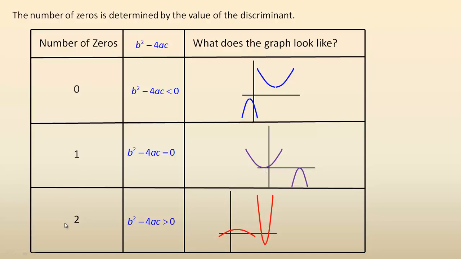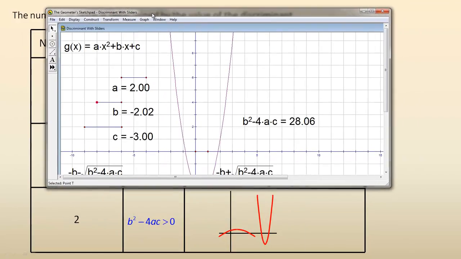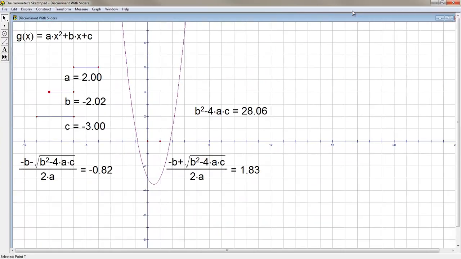And if there's 2 real roots, like either of these, 1 real root, another one here, or here and here, then the discriminant value is greater than 0. So that's the only possibilities. It's either equal to 0, 1 root, less than 0, no roots, or greater than 0, positive, and there's 2 roots. So before we go into the one example, I want to show you this Geometers Sketchpad drawing.